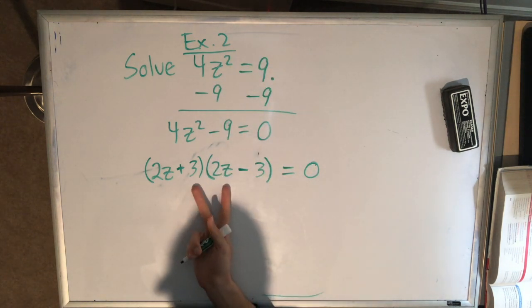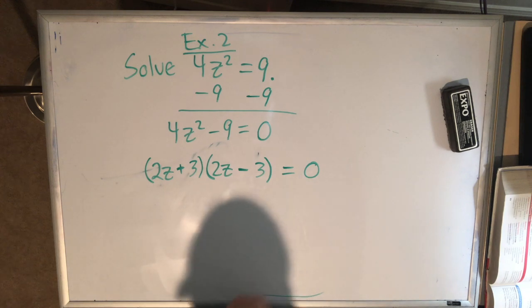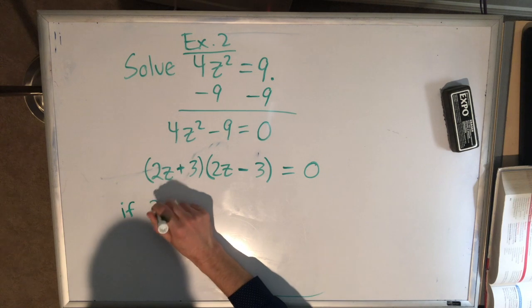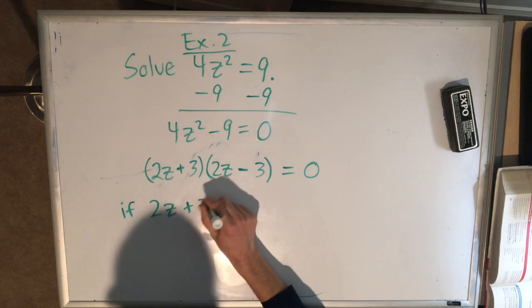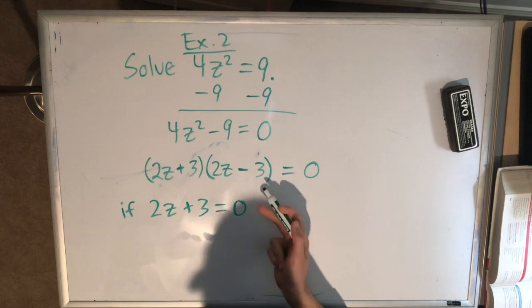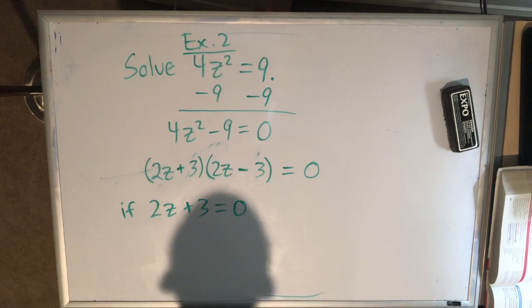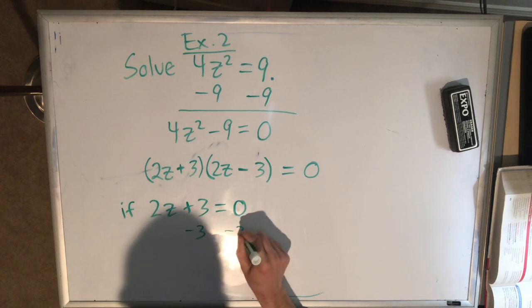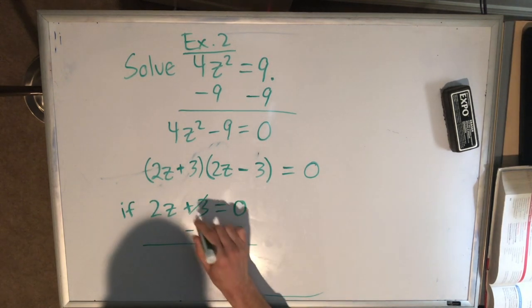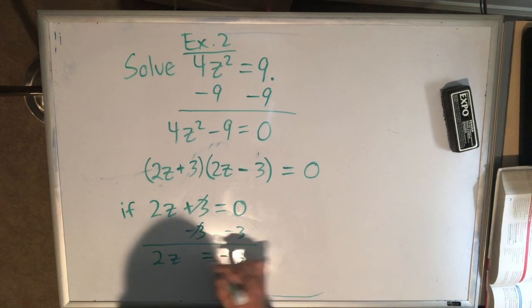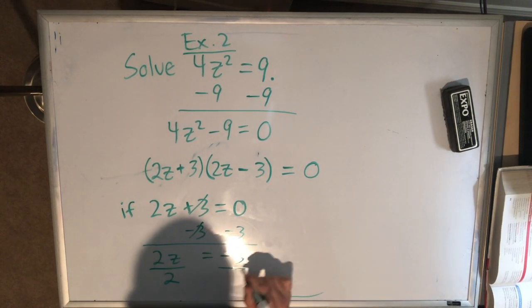We have 2 quantities multiplied together equals 0, so one of those quantities must be 0. If 2z plus 3 equals 0, which is possible because 0 times 2z minus 3 is 0, since anything times 0 is 0, then isolating the z, subtract 3 from each side. That's 2z equals negative 3. Divide each side by 2.